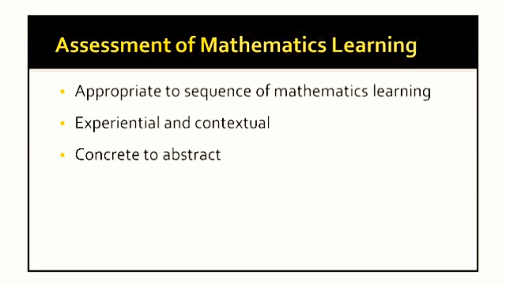It should move from concrete to abstract rather than just directly giving the symbols or the abstract mathematics. We should start with the concrete learning where they can visualize. Certain topics cannot be visualized so easily, but there are certain others wherein we can give good examples. For example, when we say sine theta, cos theta, these are just numbers when a student learns trigonometry for the first time.